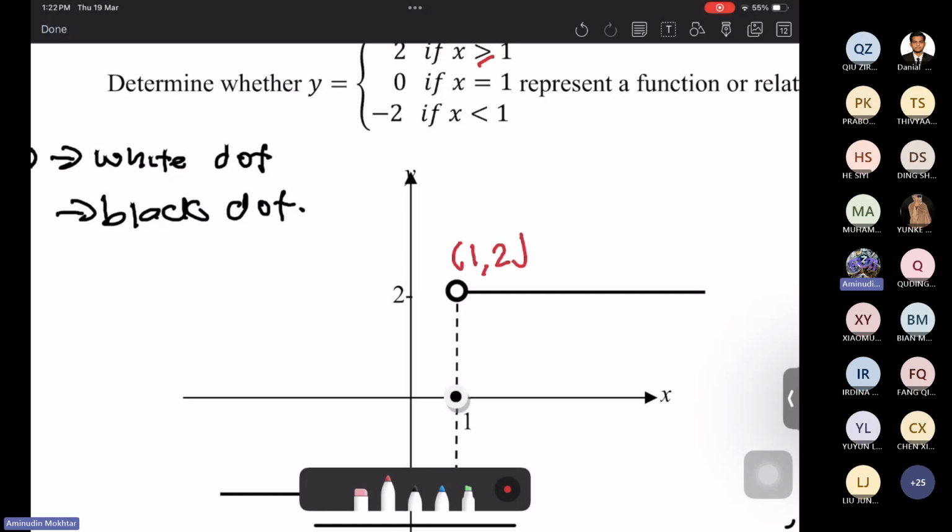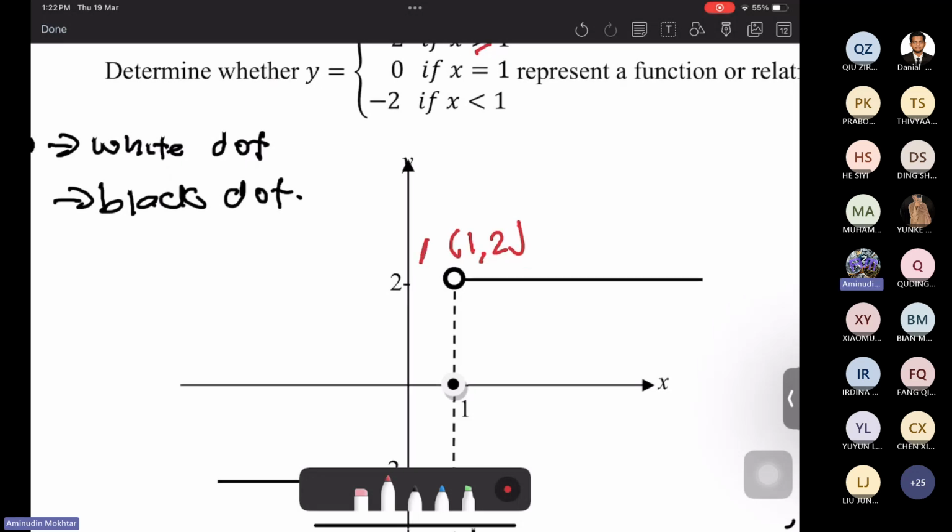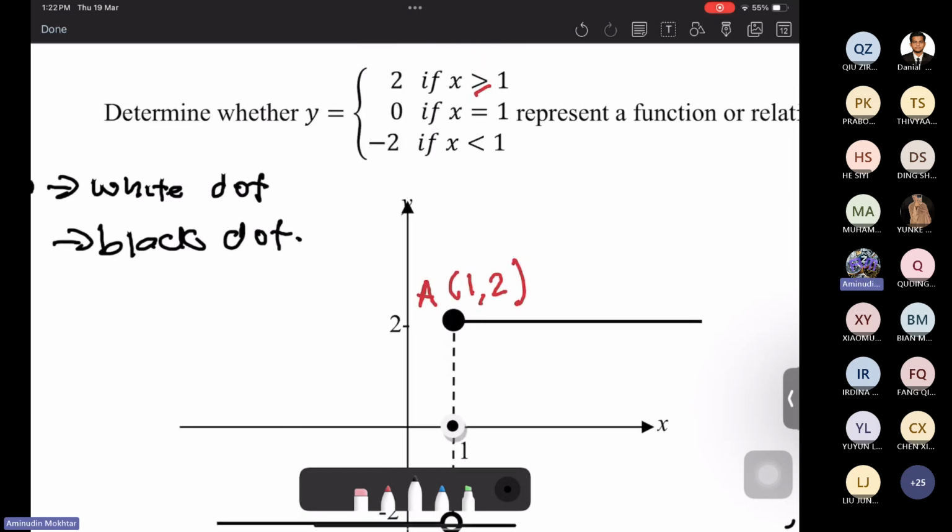The value of y exists at this point, so we need to draw a black dot here. The black dot shows that the value of y exists at that point.